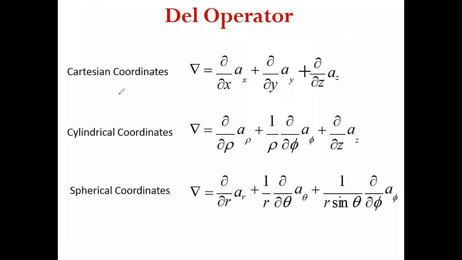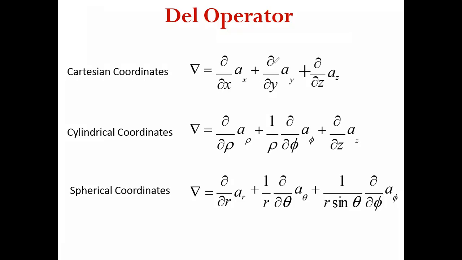Are you there? Yes, sir. So, what is the meaning of del upon del x? It's partial derivative. Partial differentiation. Yes. Differentiation of the function with respect to x only, whereas other variables are supposed to be constant.